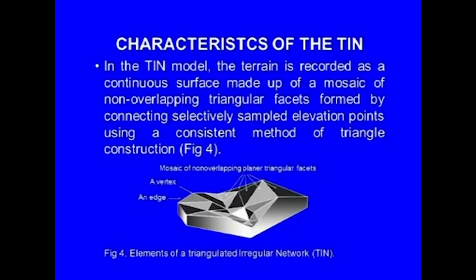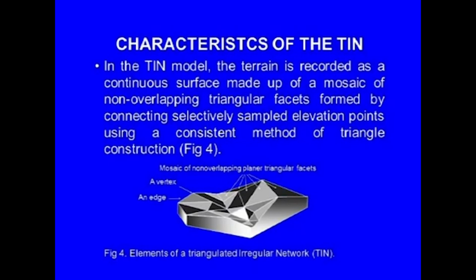Now, let us look at the characteristics of a TIN. In the TIN model, the terrain is recorded as a continuous surface made up of a mosaic of non-overlapping triangular facets formed by connecting selectively sampled elevation points using a consistent method of triangle construction.